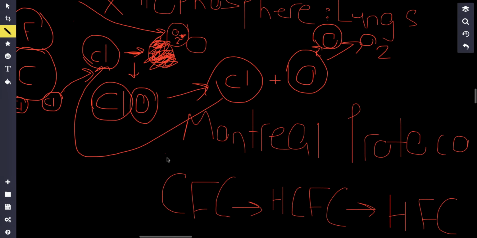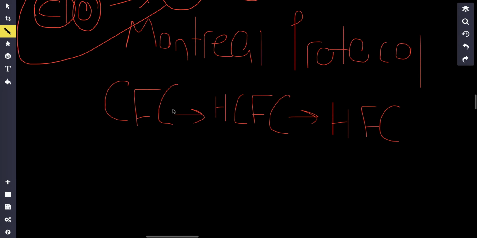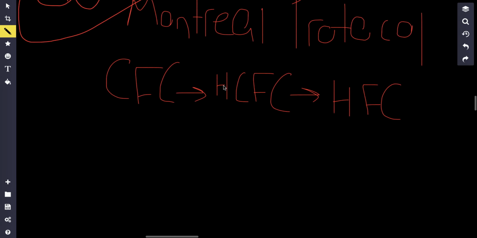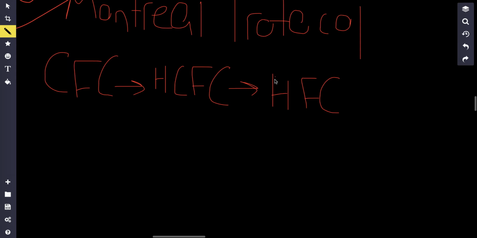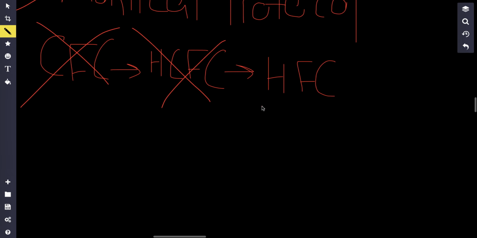All right, let's turn our eyes to HCFCs. HCFCs are a greenhouse gas, and they still deplete the ozone layer, but not to the extent of CFCs. Now we have phased out CFCs and HCFCs, and we're trying to switch to HFCs.